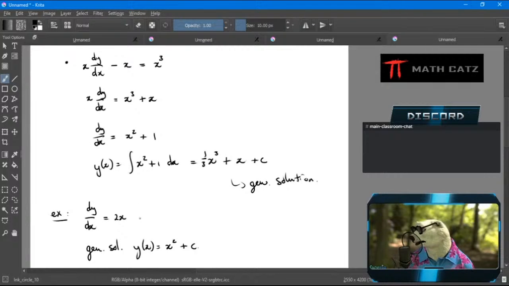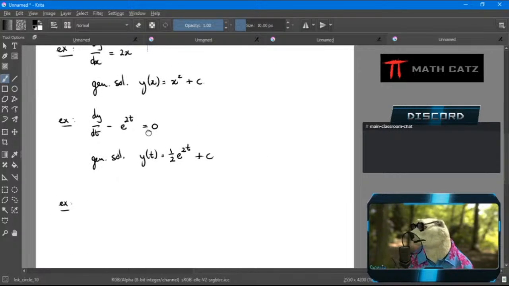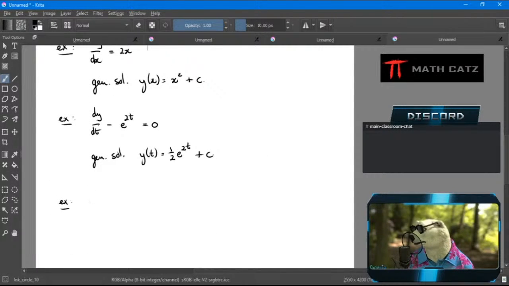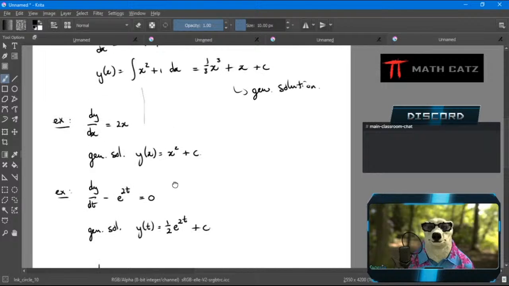x times dy/dx minus x equals x cubed. And we found a general solution. General solution y is, what did we find?